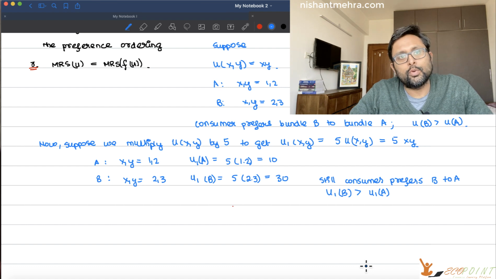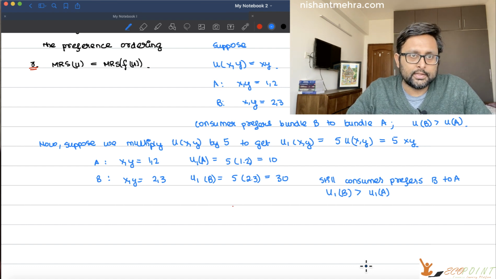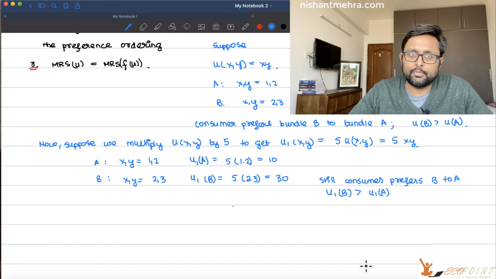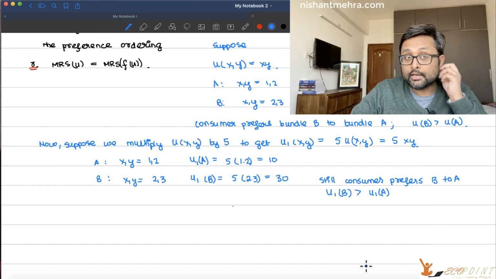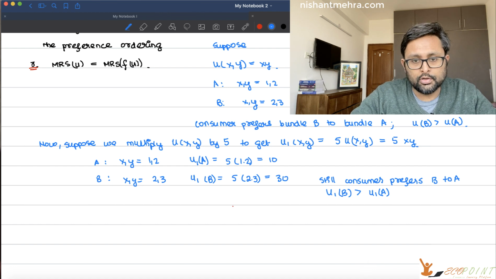One thing is for sure, right? Then you can also multiply this utility by some fixed number. Again, the preference ordering is not going to change. So how do you say that something is a monotonic transformation?